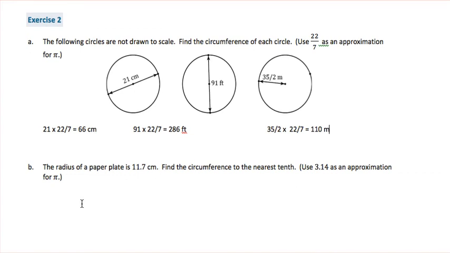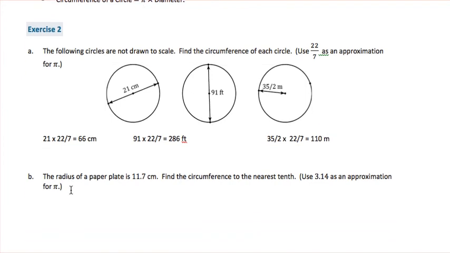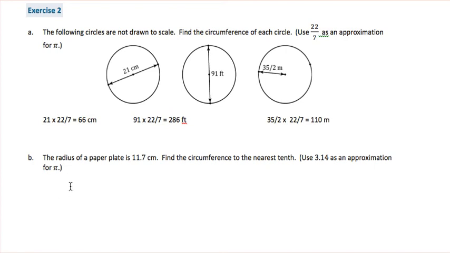In the next problem, the radius of a paper plate is 11 7/10 centimeters. We need to find the circumference to the nearest tenth, and we're going to use 3.14 as the approximation for pi. Remember, the formula for circumference is pi times diameter. So if we're given a radius, we need to find the diameter by multiplying the radius times 2.